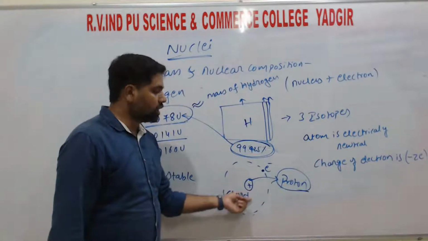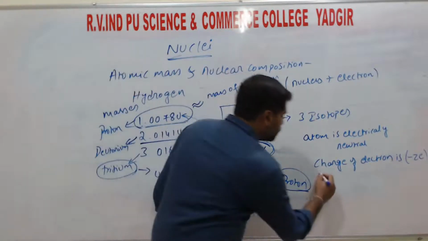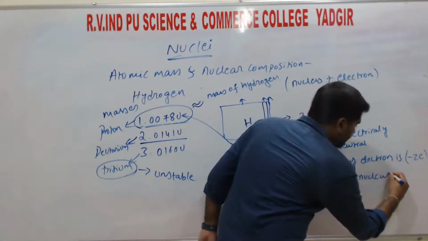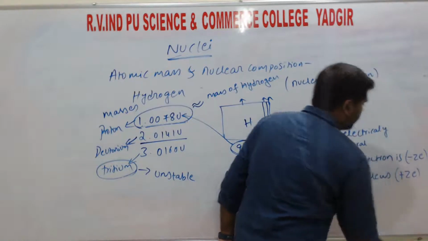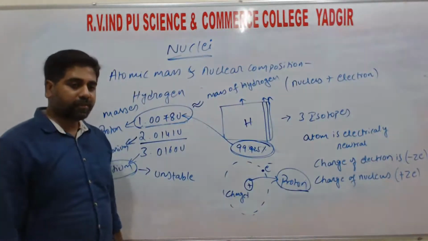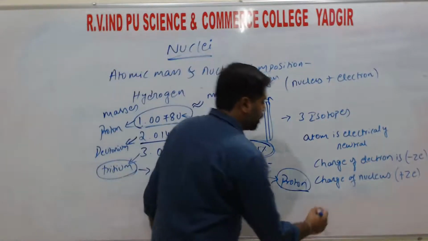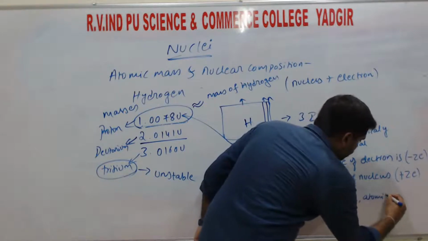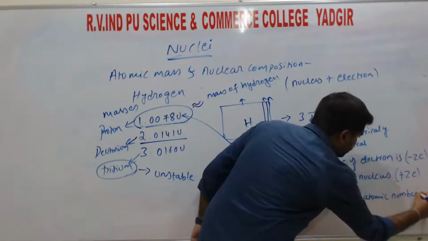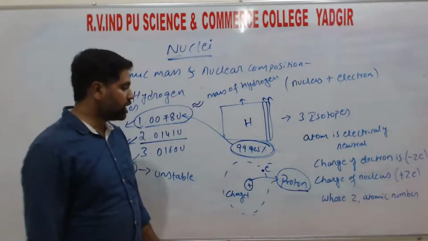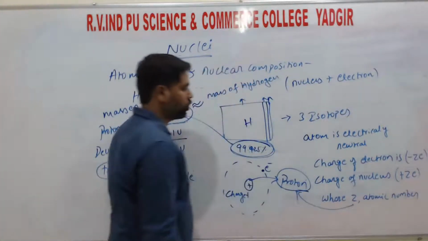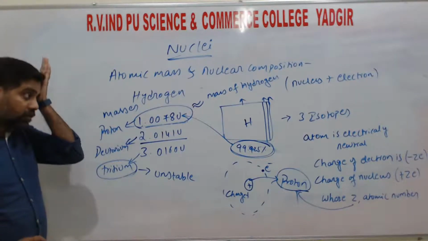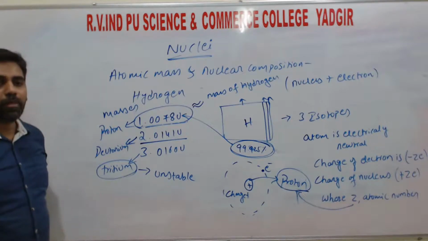Then we can take the charge of the nucleus as plus Ze, where Z is the atomic number, which equals the number of protons. So this is about the atomic mass.